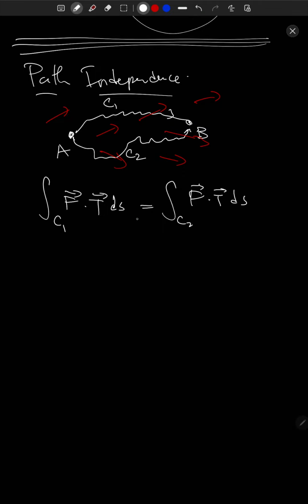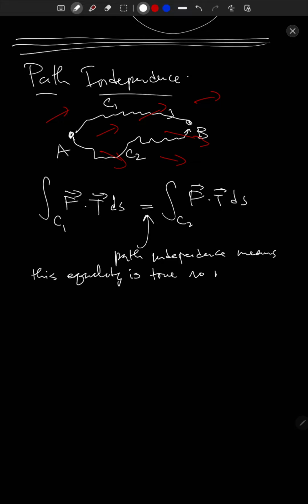Okay, so path independence means this equality is true no matter what paths C1 and C2 are, as long as they have the same endpoints.